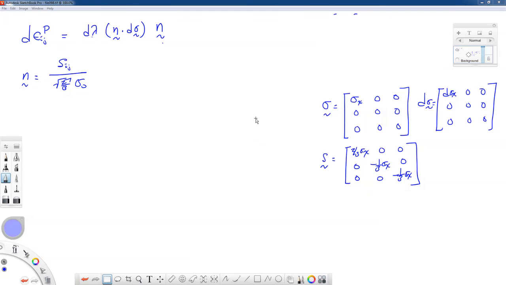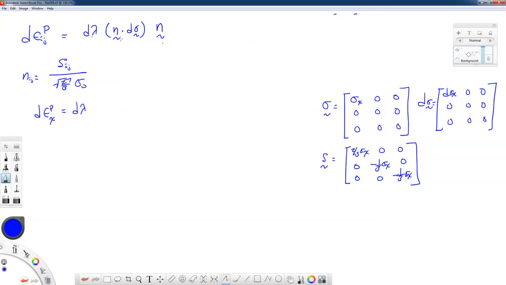Kind of mixed my notation here again, but if I want, we can just make this an Nij. Alright, so let's suppose we want to figure out what d epsilon plastic in the x direction is equal to. It's equal to d lambda n dot d sigma.